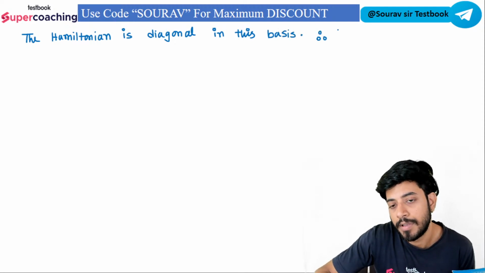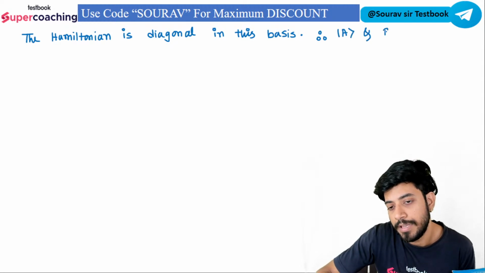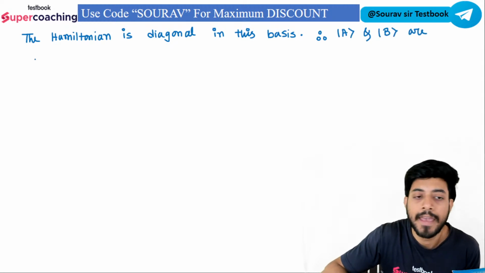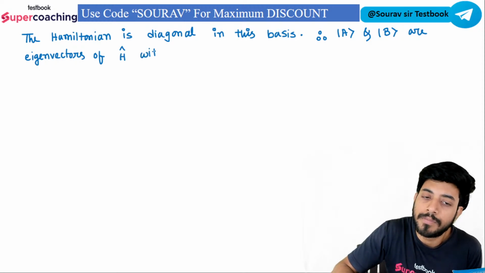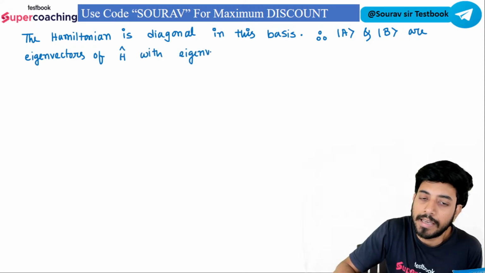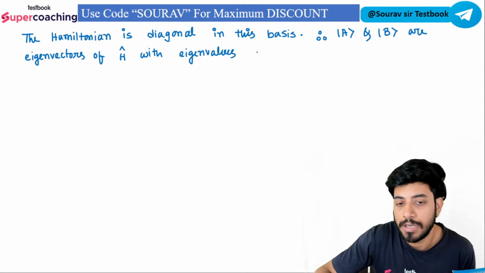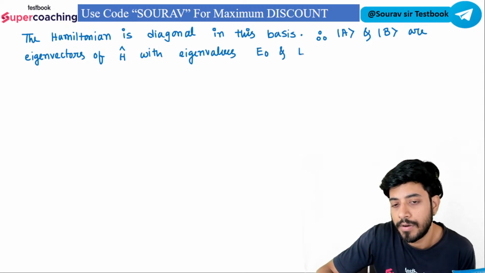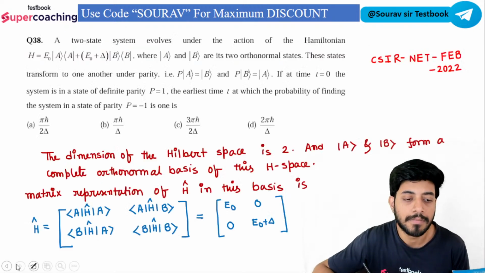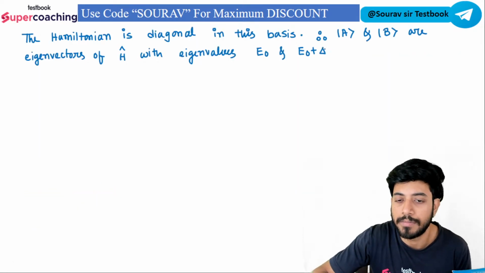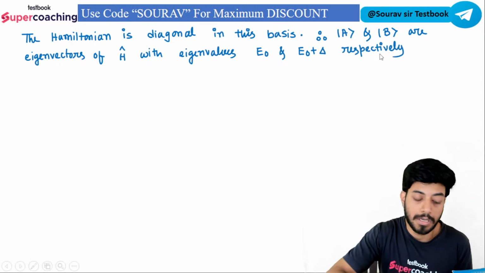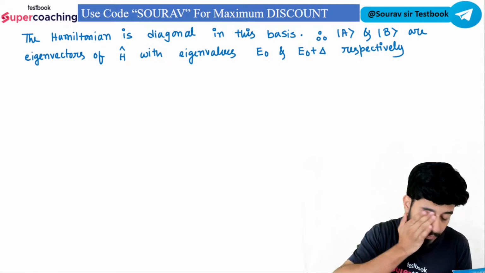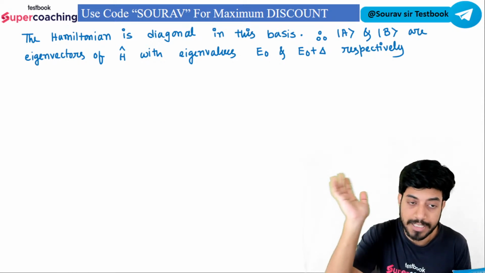Therefore, A and B are eigenvectors of H with eigenvalues E naught and E naught plus delta respectively. That's all. हमें ये चीज पता है.